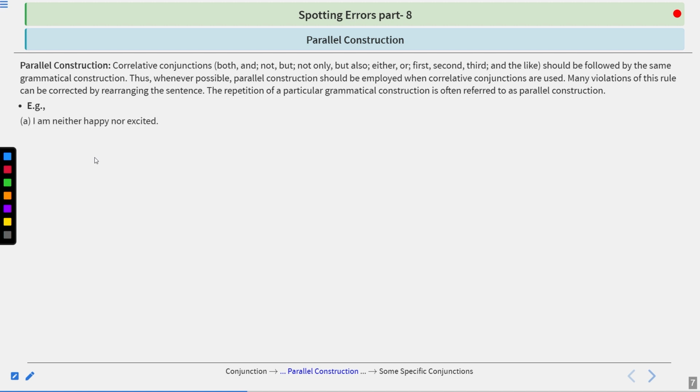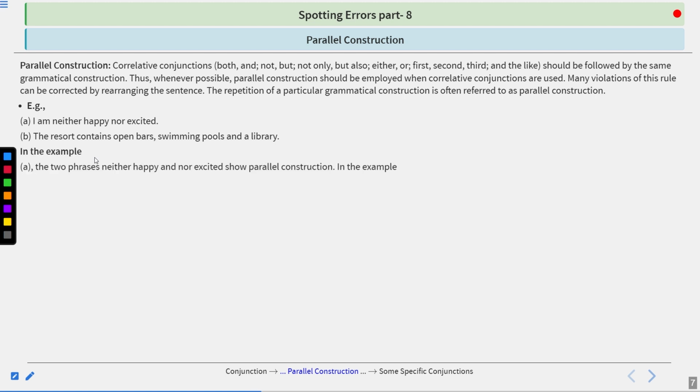Let's look at the examples. I am neither happy nor excited. The resort contains open bars, swimming pools, and a library. In example A, the two phrases neither happy nor excited show parallel construction. As you can see, happy and excited are adjectives and they are accurately put here, making a parallel construction.